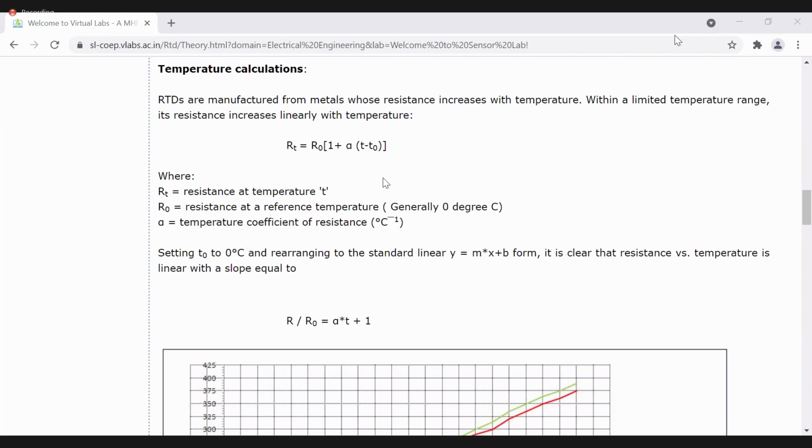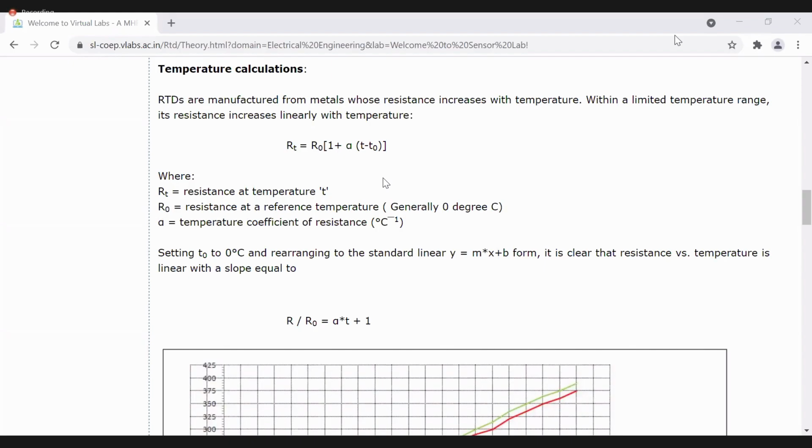Okay, sir. Right. What is R0? Resistance at reference temperature. Reference temperature within the brackets, you can see. Generally at 0 degrees. Sir, if it's okay, nothing, sir.